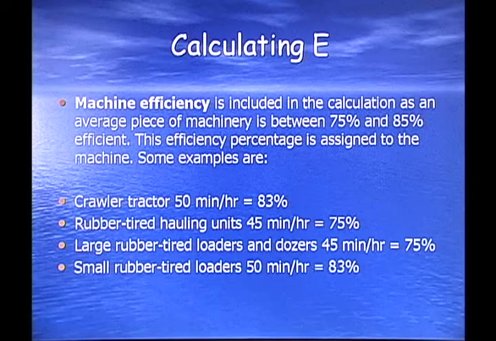A rubber-tired hauling unit works an average of 45 minutes an hour. Large rubber-tired loaders work a 45-minute hour, and your small rubber-tired loaders typically work 50-minute hours, or 83% efficiency. So that's what you need to know. A 50-minute work hour is 83% efficiency. A 45-minute work hour is 75% efficiency.